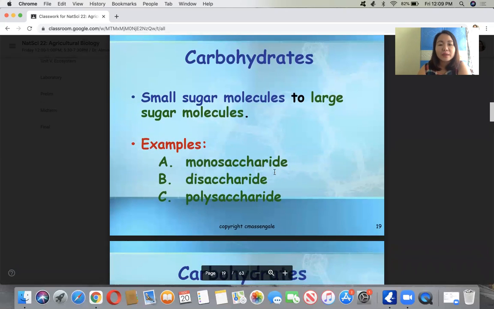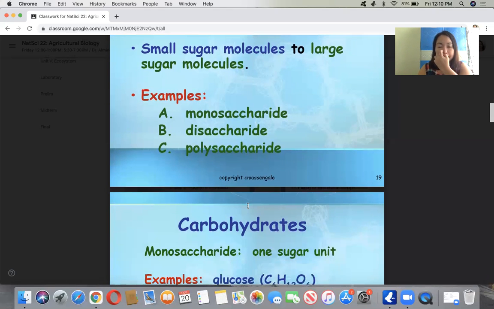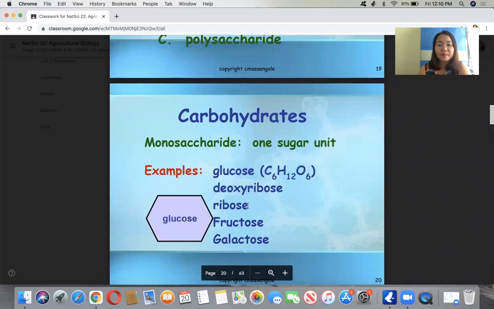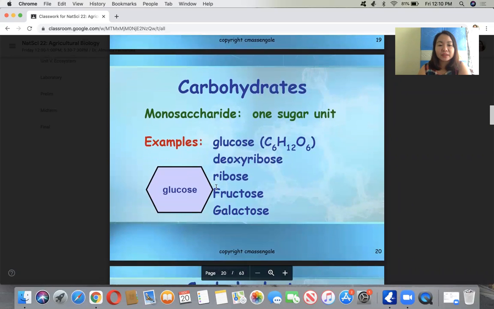So carbohydrates range from small sugar molecules to large sugar molecules, like the monosaccharides or glucose, disaccharides like sucrose, and polysaccharides like starch.